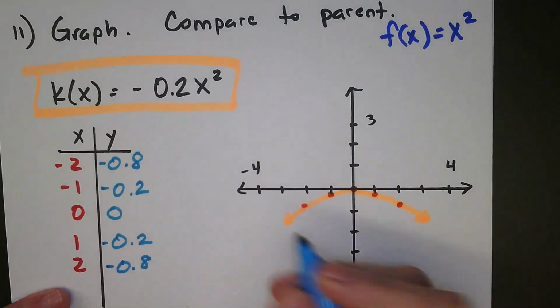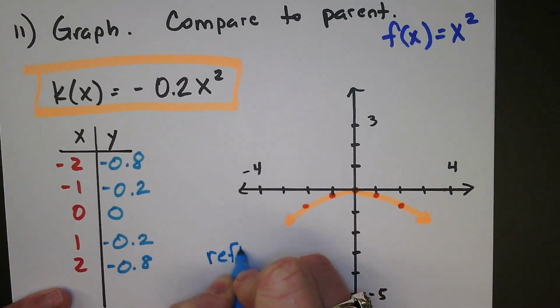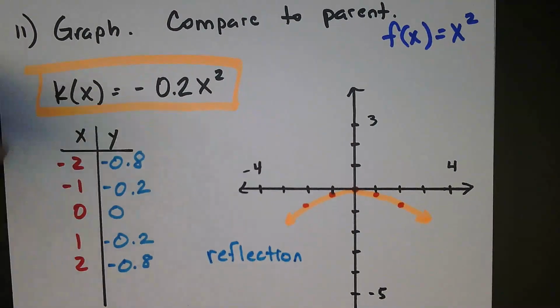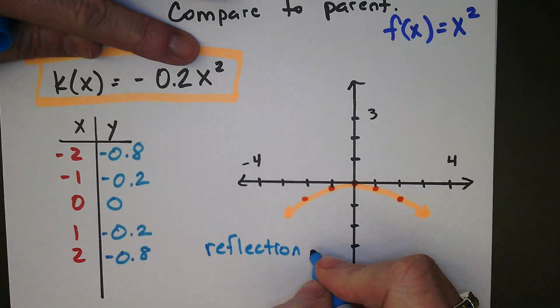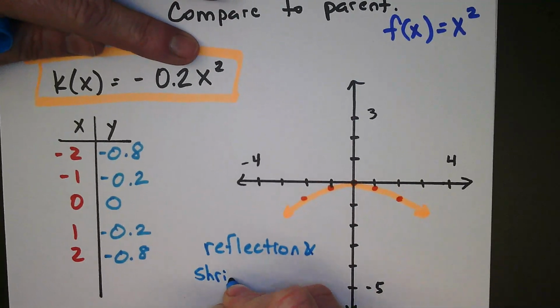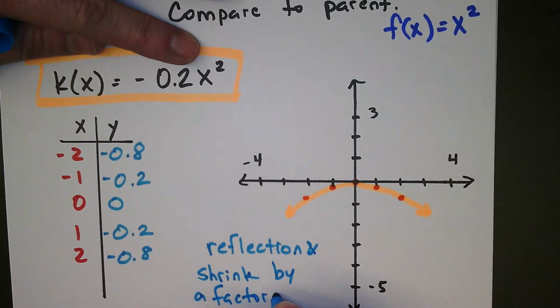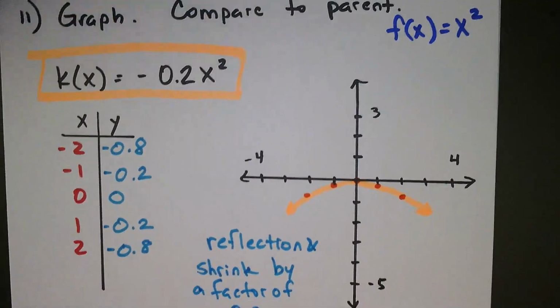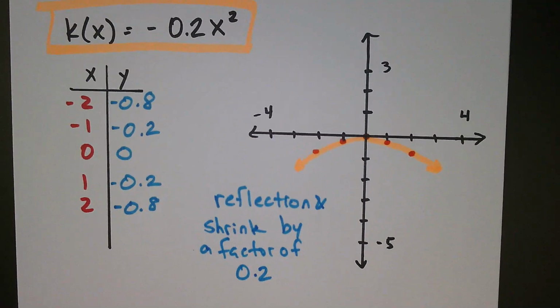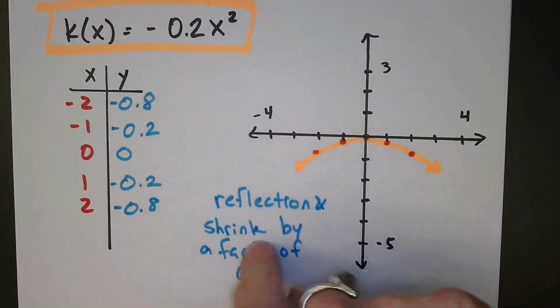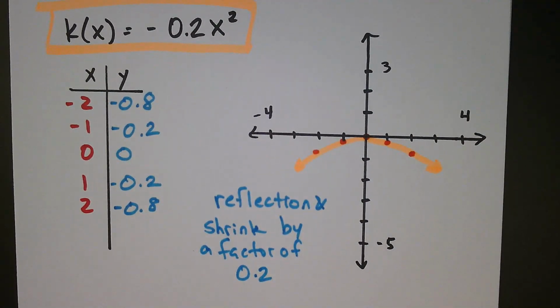So we have a reflection. And again, the reflection is from the negative, and a shrink by a factor of 0.2. Oh, let me move that up just a little bit. So this is the graph compared to the parent function. That's what they asked for.